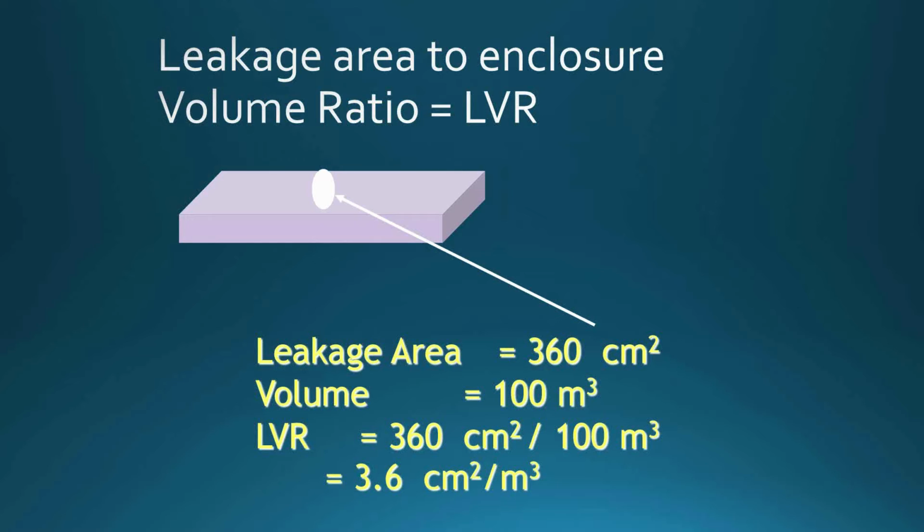If you have an enclosure of a certain volume, it's going to take a certain amount of time to fill it up, essentially, and it kind of boils down to the same thing. But leak to volume ratio is actually a lot easier to understand than looking at peak flow rates.